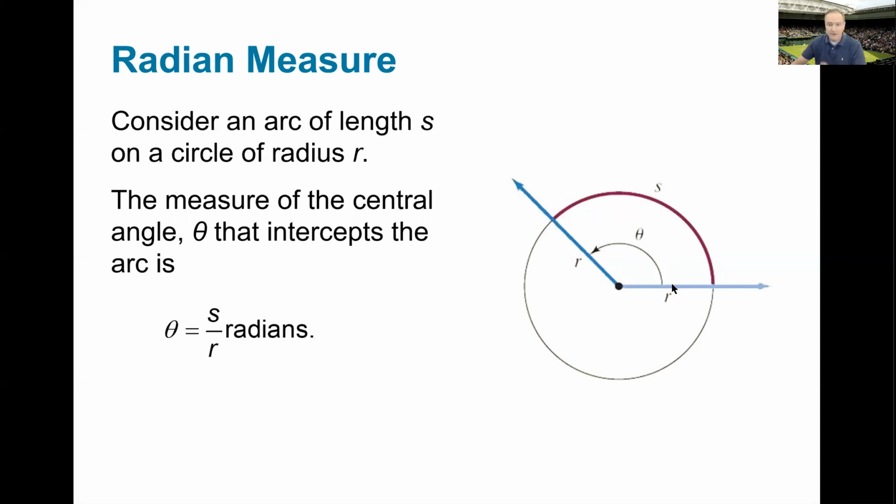So if I asked, how many radius lengths could I fit on the surface of this circle over this distance s? Just by looking at it, I would estimate 2. So I would estimate here that theta is 2 radians, and I guarantee you that's pretty close. If it were a straight line all the way down, it's pi radians, which is approximately 3.1415.